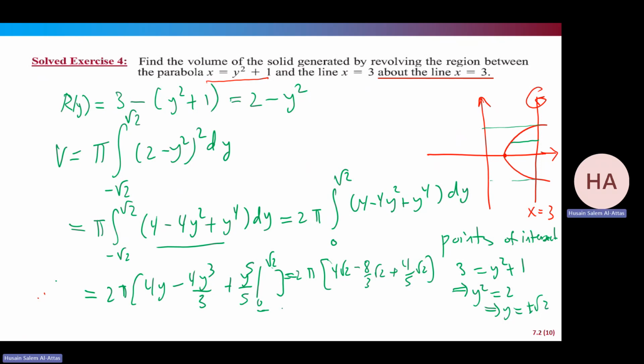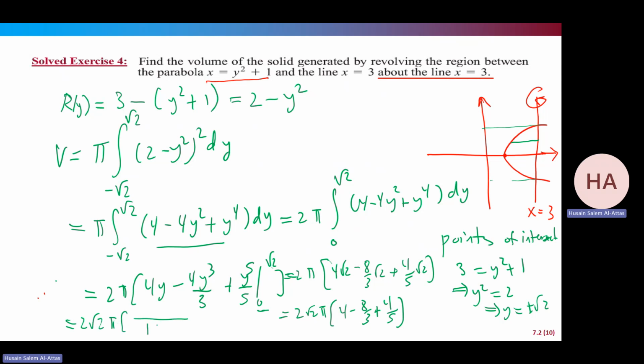Okay, so do the calculation. That will be 2 pi times 2 square root of 2, I take square root of 2 out. The remaining is what? 4 minus 8 over 3 plus 4 over 5.